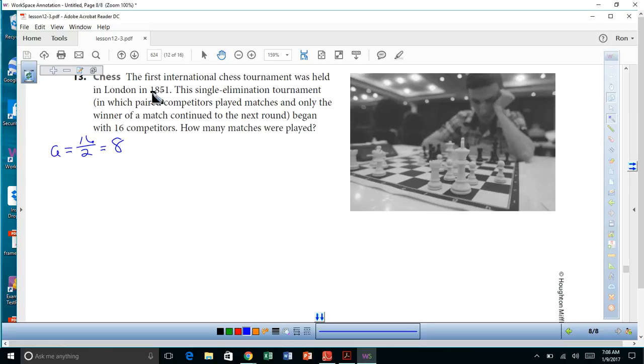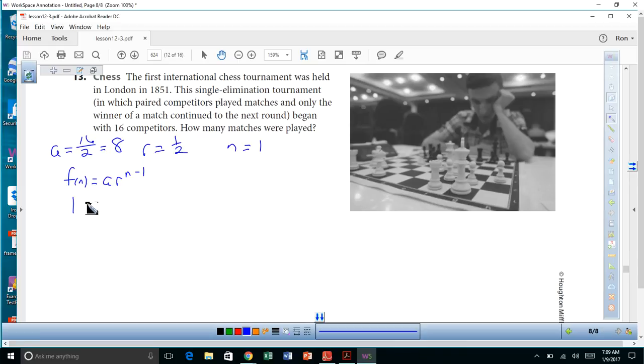And let's see, R equals 1/2, okay? Because half the people, the number of matches is half the people. We don't really know what N is, but we know that the last match has a 1. So F of N equals AR to the N minus 1.